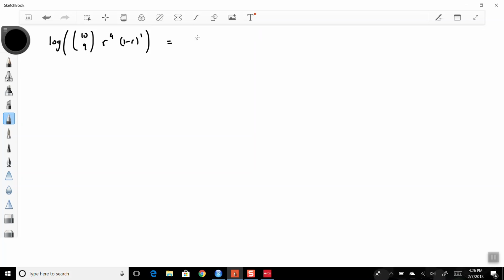The log of this thing becomes log of the value 10 choose 9 plus 9 times the log of r plus 1 times the log of 1 minus r.